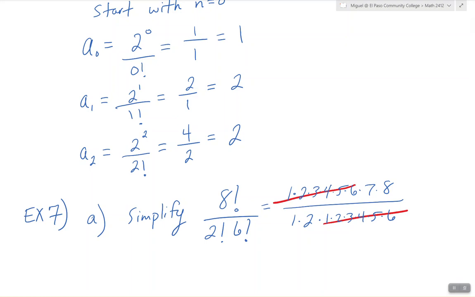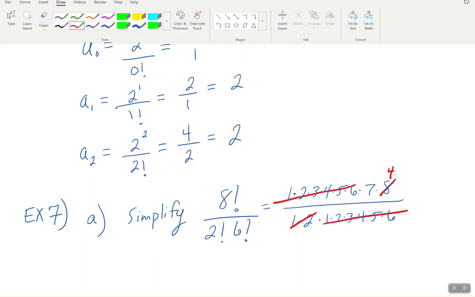But because 1 times 2 is just 2, I could also divide that into the 8, and that would be a 4 now. So I'm left with a 1 in the denominator, so I don't have to worry about the denominator anymore. And on top, just 7 times 4. So this would simplify to just 28.